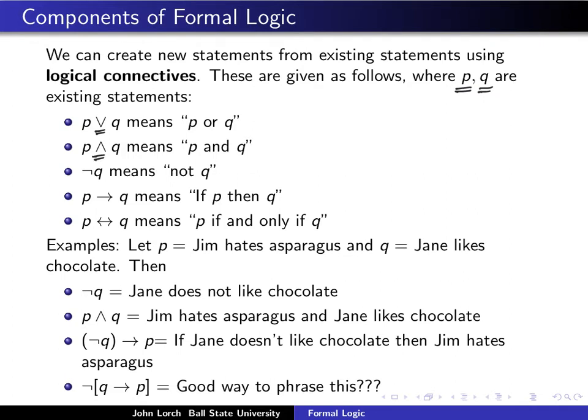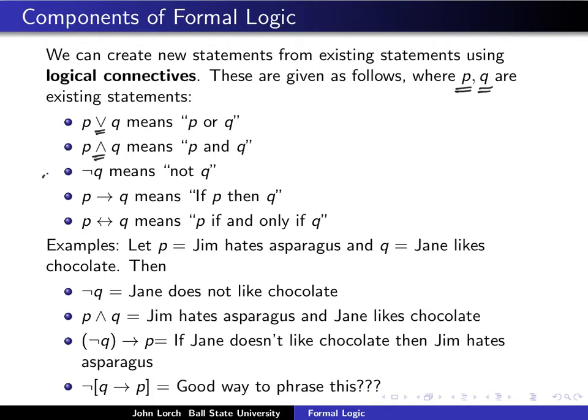And then we could form the opposite of a given statement, so not Q, is given here. And then here the P arrow Q is our conditional statement, if P then Q. And then finally we have the double-sided arrow, which means P if and only if Q.